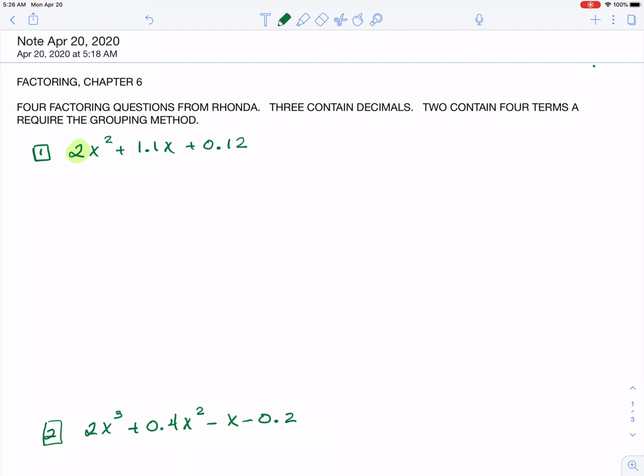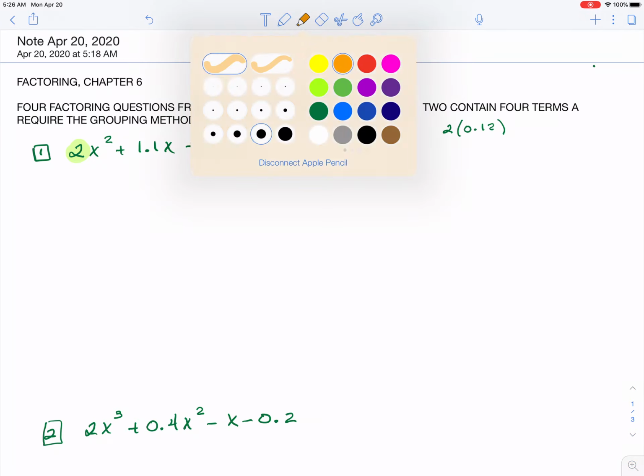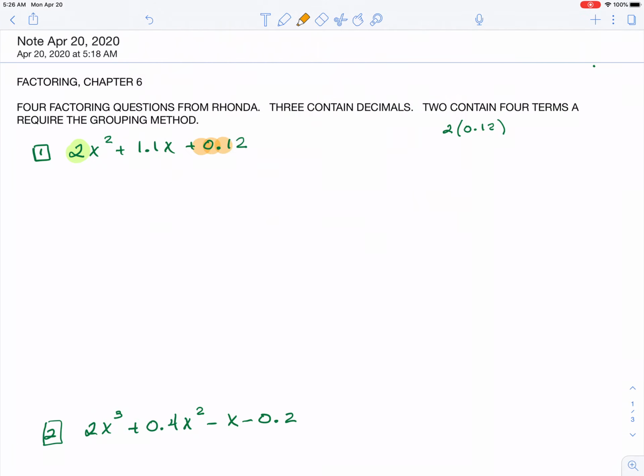When the lead coefficient is not 1, I like to create a little table where I take the lead coefficient 2 and this positive 0.12 on the end, multiply those together, and that is what I think of as my target number.